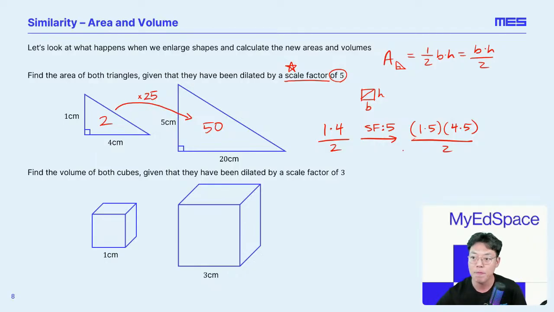We'll take a look. Multiplication is commutative, so we can rearrange 1, 5, 4, 5 however we'd like. This would equal 1 times 4 over 2 times 5 times 5. And what is 5 times 5? 25.